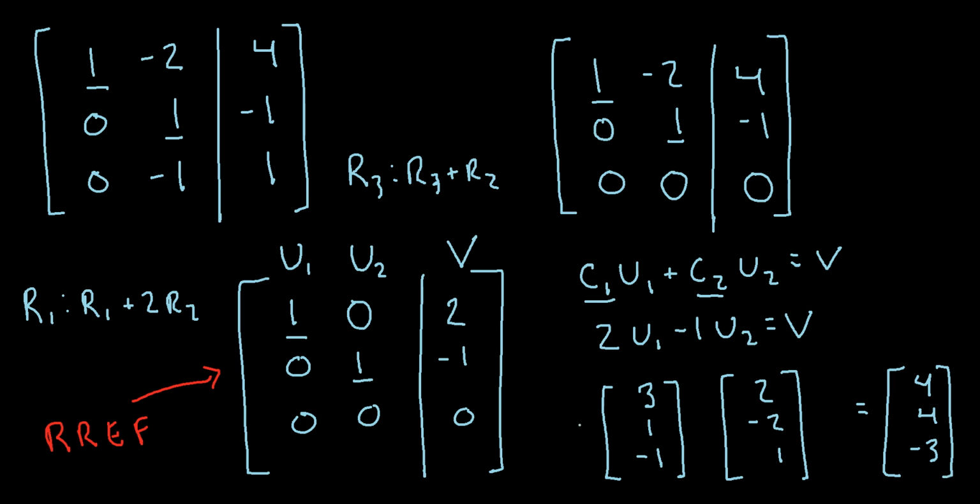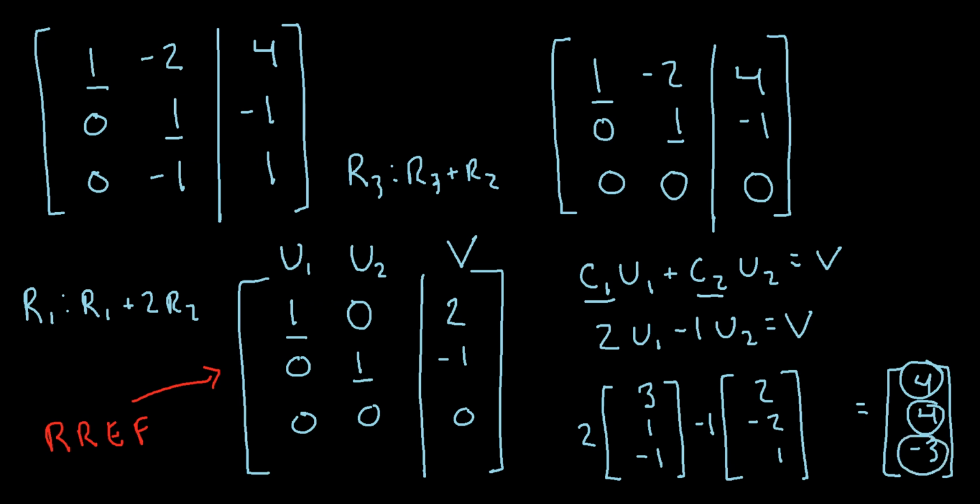So if we say 2 times u1 minus 1 u2, we can verify that we actually get these answers. So if we say 2 times 3, that's 6, minus 1 times 2, so 6 minus 2, we get 4. 2 times 1, that's 2, minus 1 times -2, which is a positive 2, so 2 plus 2, that does get us 4. And lastly, 2 times -1, so -2, minus 1, that is -3.